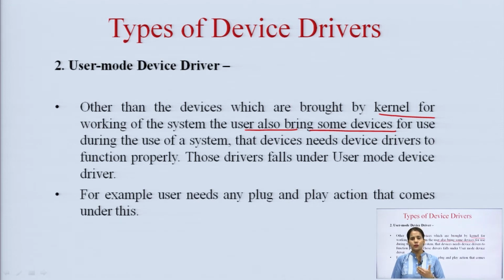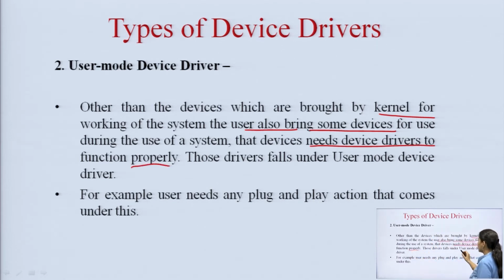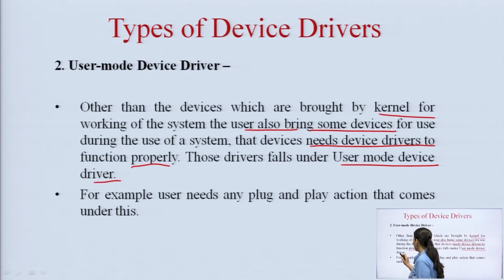As a user we want to operate the printer, and for the printer to get operated we need a device driver related to that printer. So, those devices need device drivers to function properly.